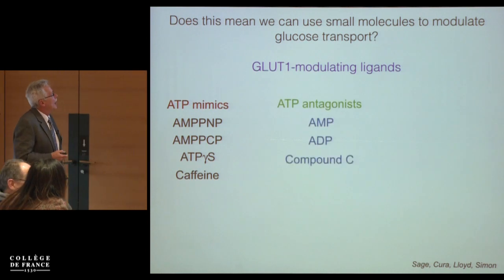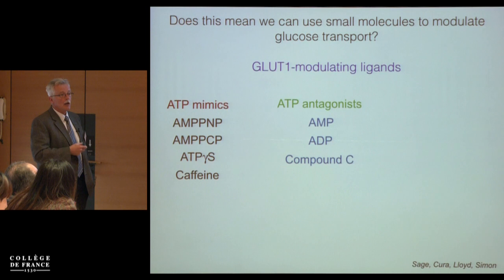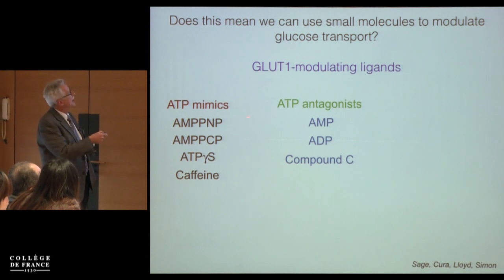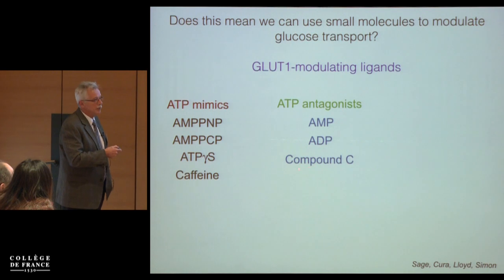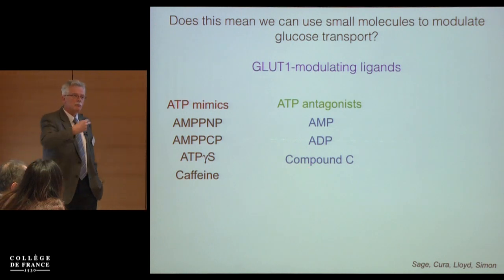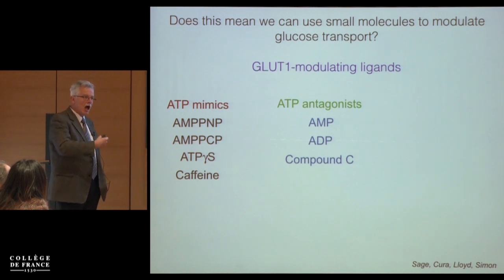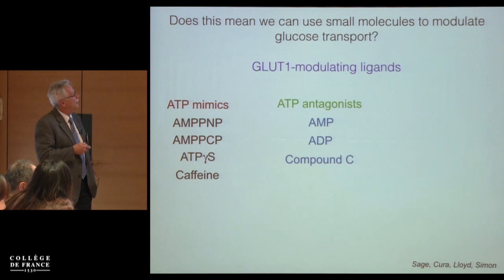But there are ATP antagonists. It turns out that AMP and ADP do not directly inhibit glucose transport, but they serve as competitive antagonists of ATP inhibition of transport. And I'm going to show you very briefly, time permitting, that compound C, an inhibitor of AMP-dependent protein kinase, is also an ATP antagonist.